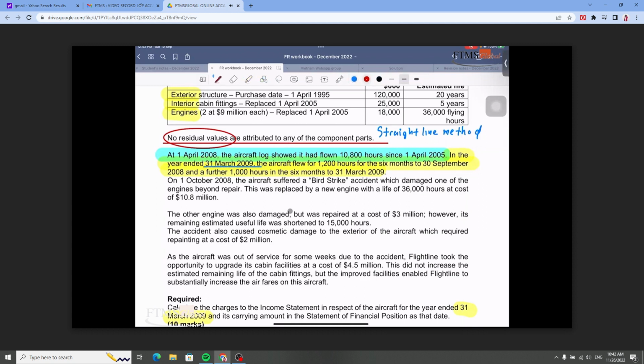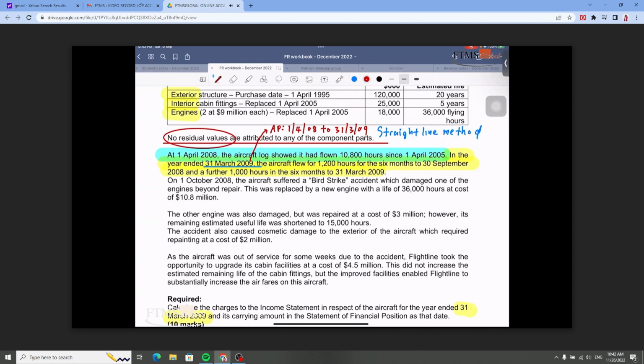Then of course, with that, I also know my accounting period. Right, my accounting period is from 1st April 08 to 31st March 09, correct? Okay, if my year end is 31st March 09, then that will be my accounting period.